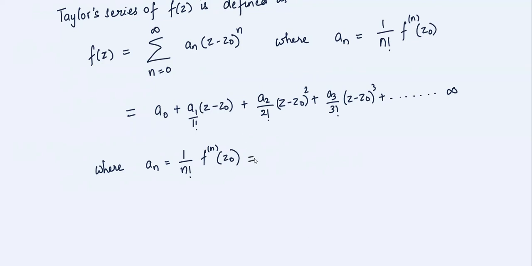Now by Cauchy's integral formula for derivatives, we get n factorial by 2 pi i times the integral over a closed contour of f of z by (z minus z naught) whole power n plus 1 dz.